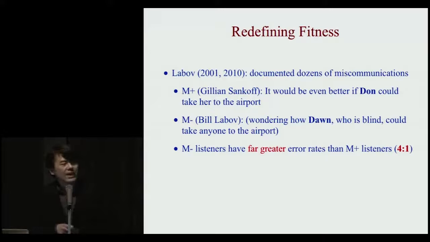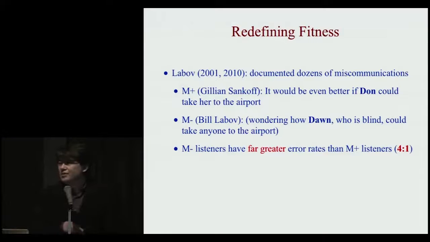But when this thing was said, it was about 20 years ago. We had a female graduate student in the department by the name of D-A-W-N, who was actually blind. So Bill Labov clearly understood D-O-N to be D-A-W-N and was wondering why a blind person could take anyone to the airport.